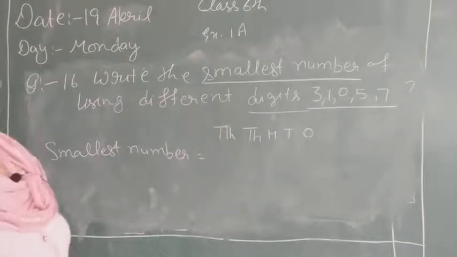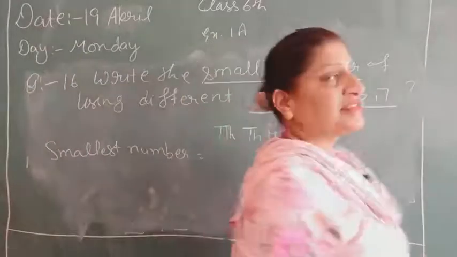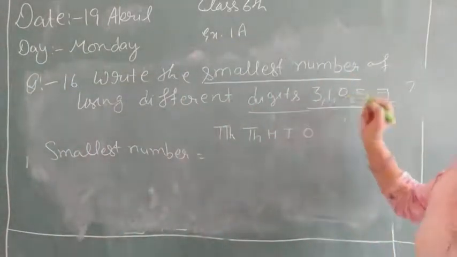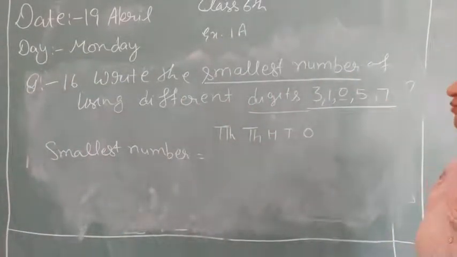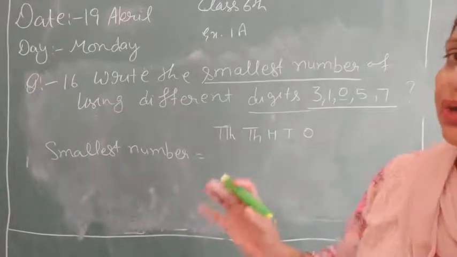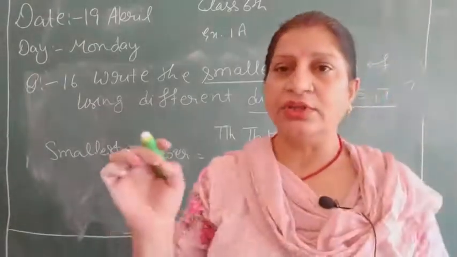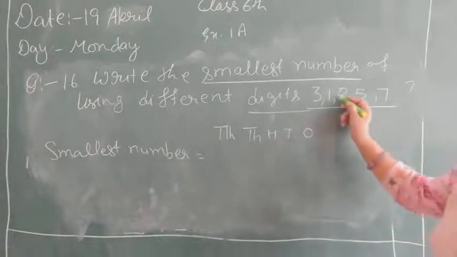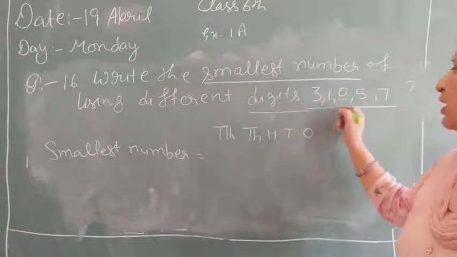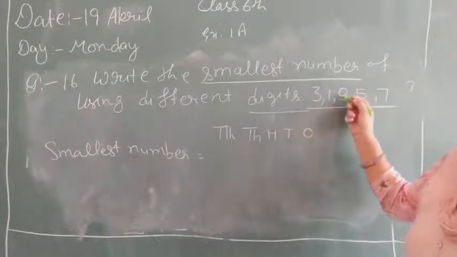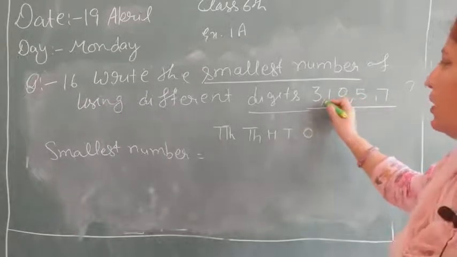Now from these digits we see that 0 is the smallest digit. But when we write any number, no number starts with 0. That's why we are taking the greater number than 0, and this number is 1.